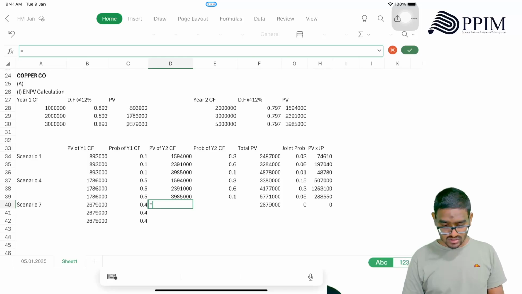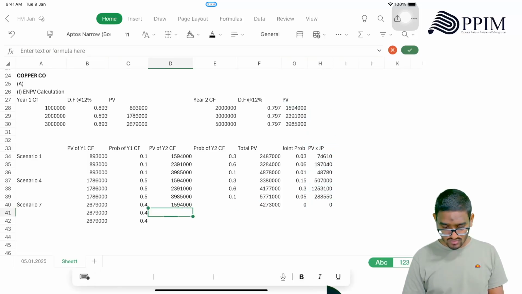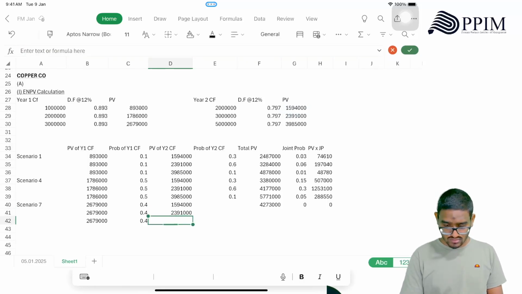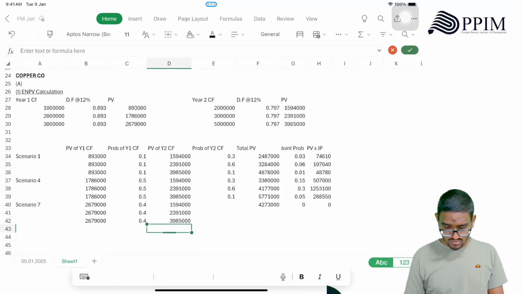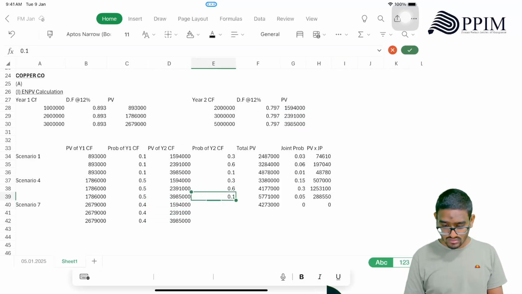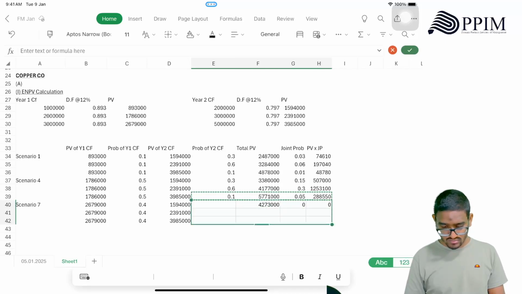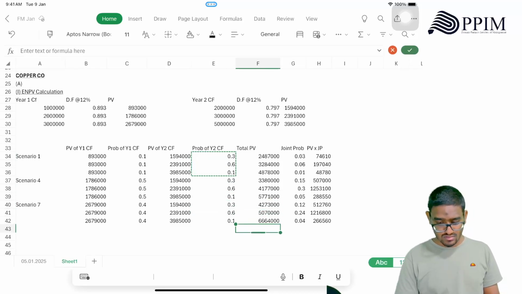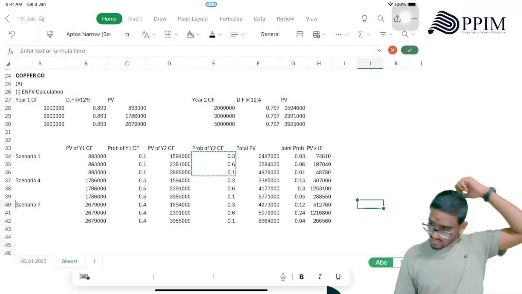Then you get 0.954. 4391. NPV with risk.